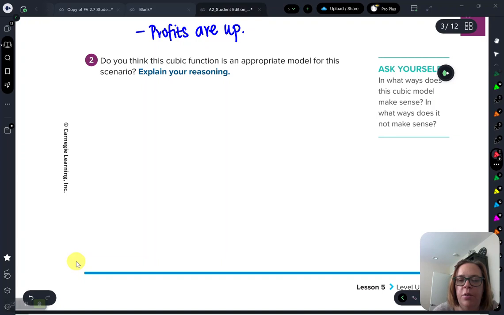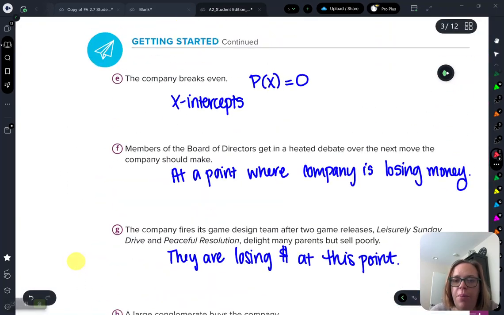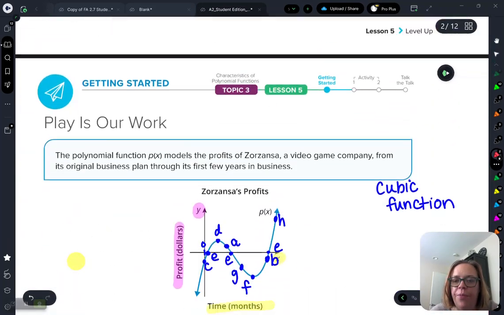So let's think about question number 2 that says, do you think this cubic function is an appropriate model for this scenario? You can go both ways. If you're going to say yes, you could say it goes up and down, profits go up and down, right? But if you want to say no, you want to pay attention to the end behavior.